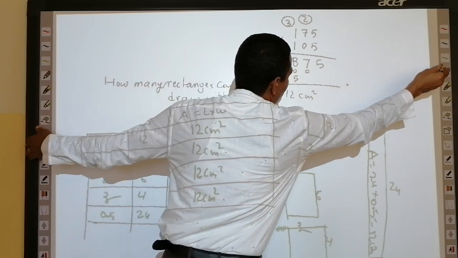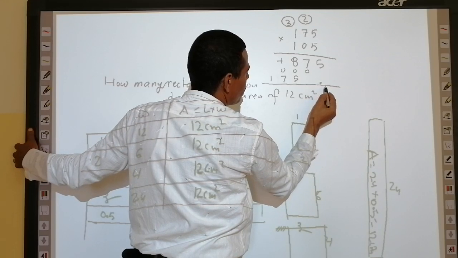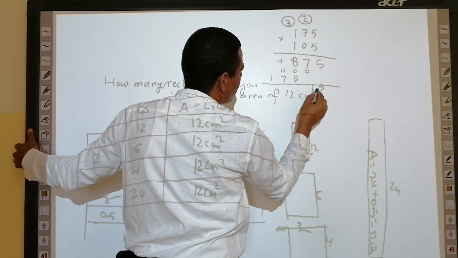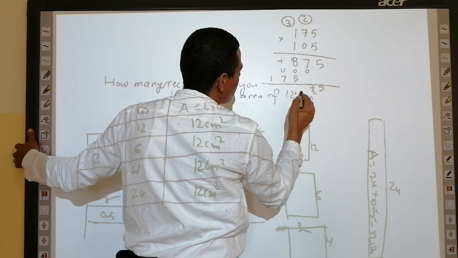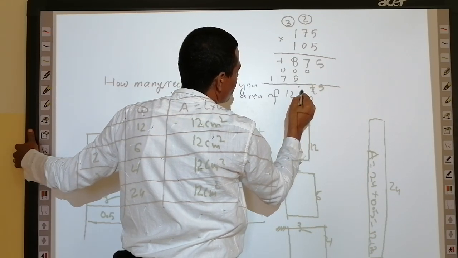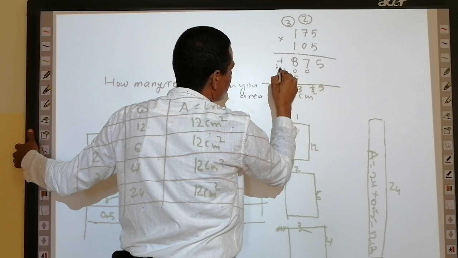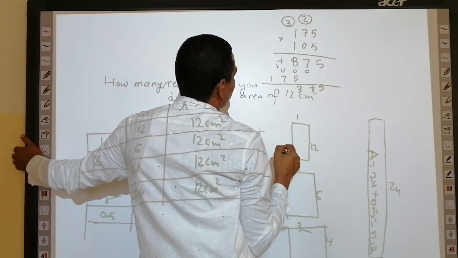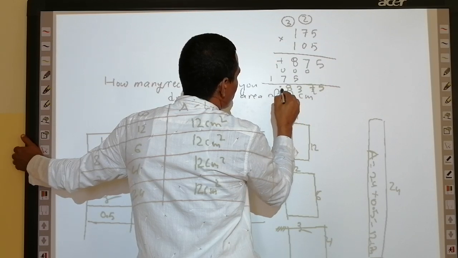Just now adding, learners. This one it will be 5, 7. So it will be 5, then 13. Then 1 plus 7 is 8, and 1.